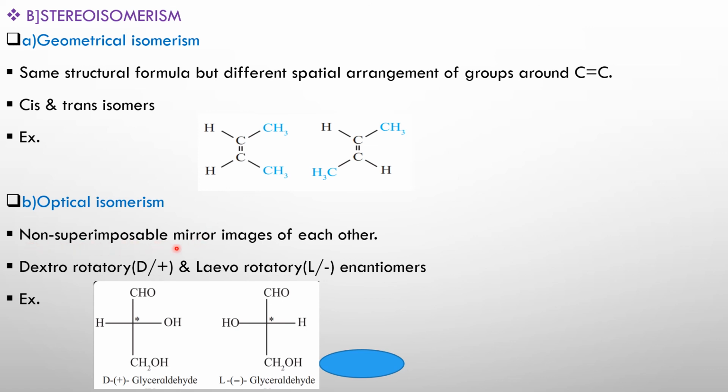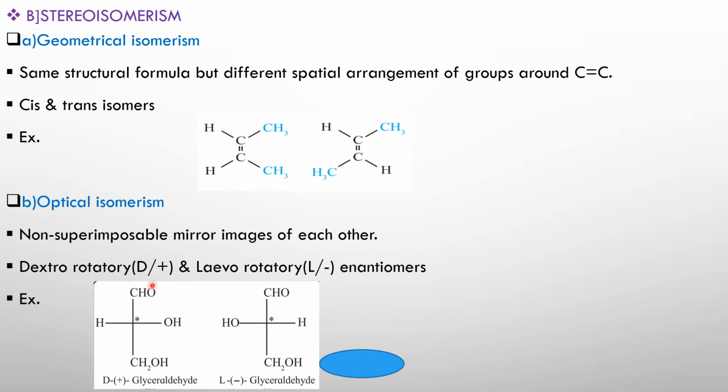For example, our two palms, the palm of the left hand and the palm of the right hand, if you try to impose them on each other, they will not impose perfectly onto each other. Such mirror images are called non-superimposable mirror images. And non-superimposable mirror images are found in asymmetric molecules. They are called chiral molecules or chiral compounds.